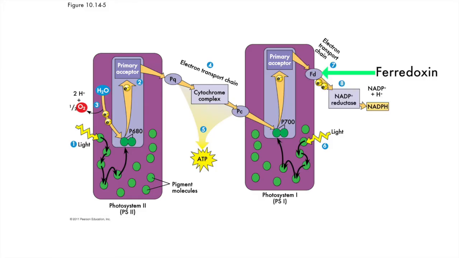From the primary electron acceptor of photosystem 1, the electrons are transferred to a protein called ferredoxin, abbreviated here as FD. From ferredoxin, the electrons are added to NADP+ by the enzyme NADP+ reductase, and the result is NADPH.